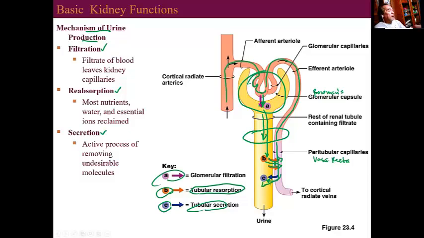Those are the concepts of the urinary system. Again, you will get into this in physiology class.